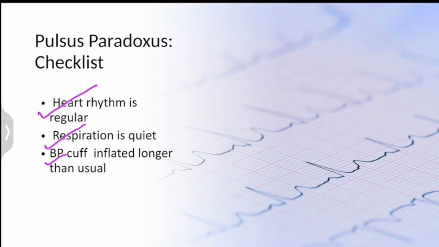You should inform the patient when you are doing it. You focus on the BP cuff and the Korotkoff sounds, not on the phases of respiration. So these are the things that you should keep in mind when you are examining or determining the Pulsus Paradoxus.